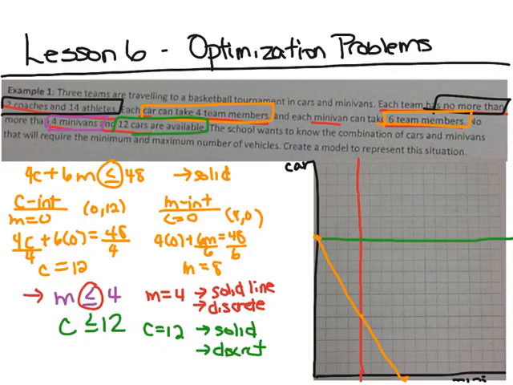Let's test 1, 1. So 4 times 1 plus 6 times 1 is less than or equal to 48. 4 plus 6 is less than or equal to 48. 10 is less than or equal to 48. So we would shade below.